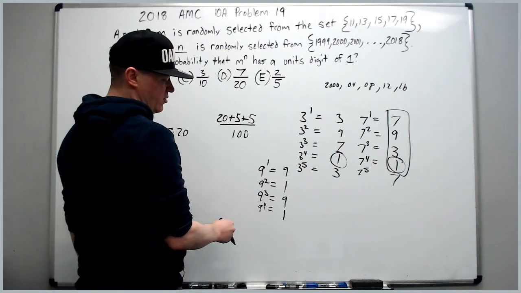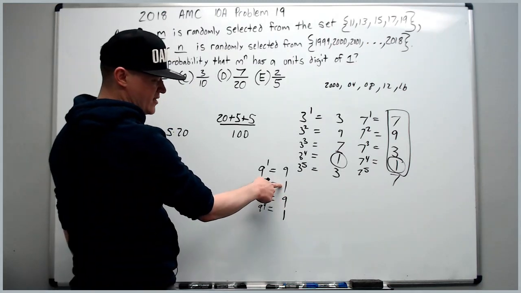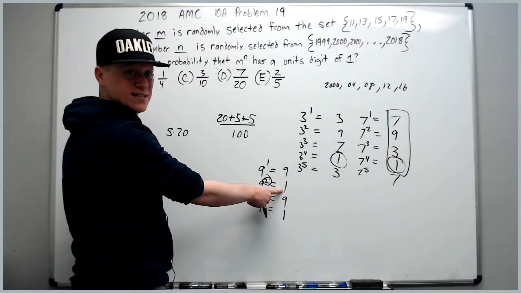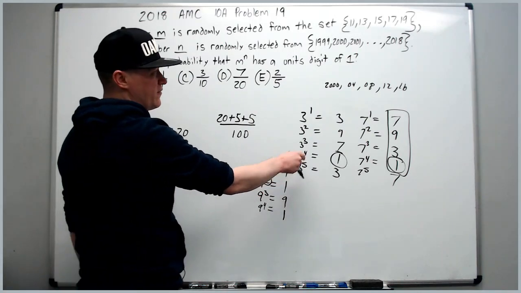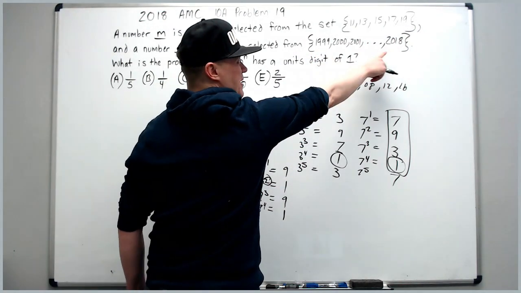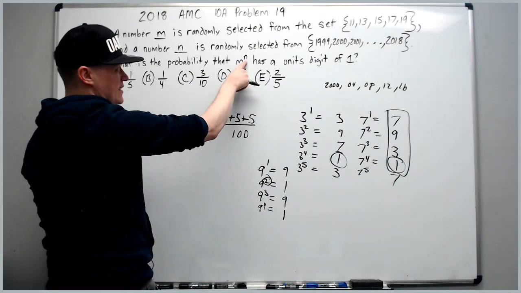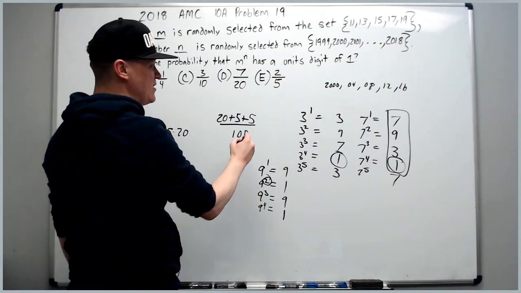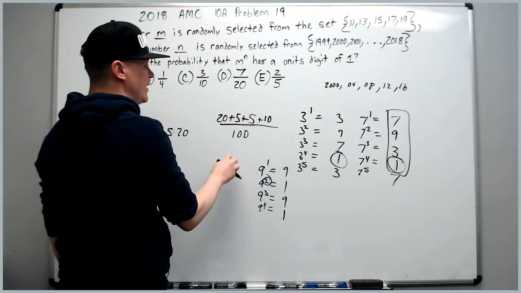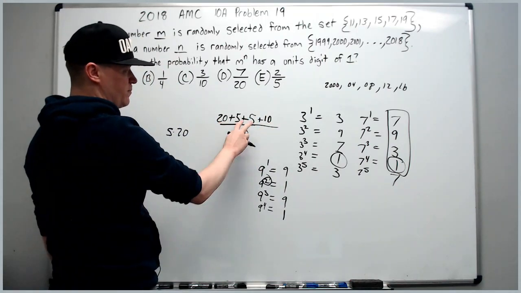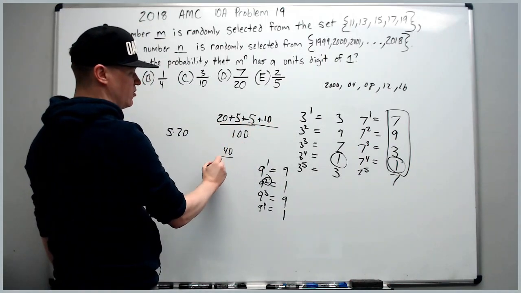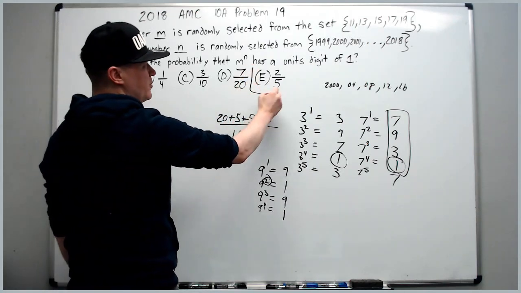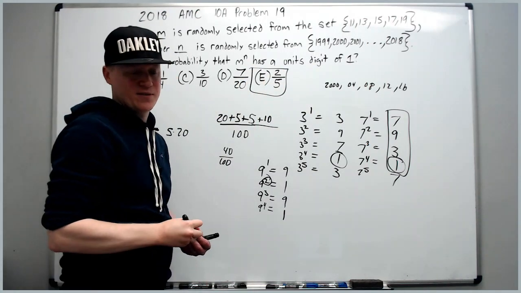Okay, so we see that the even powers are 1s in the units digit. So how many even numbers are there for n? Because again, n is the exponent. Obviously, you're going to have 10 odds and 10 evens. So there's 10 more. 10 plus 20 is 30, plus 10 more is 40 over 100, which simplifies to 2/5.